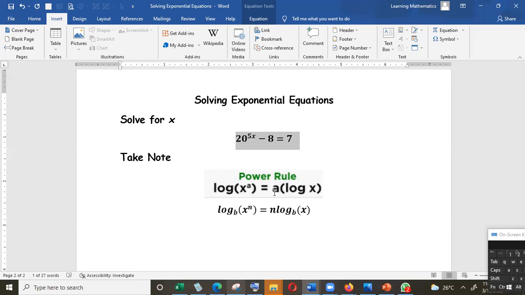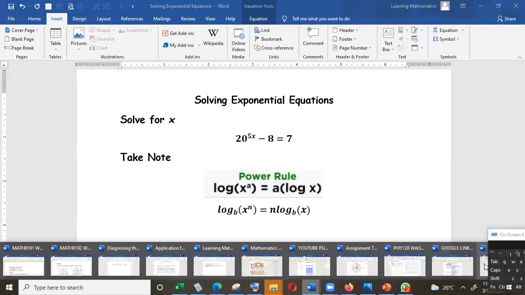Now, in order to apply the power rule, that value must be by itself on one side of the equation. That base alone, raised to the power, must be present on that side of the equation. There must not be anything there with it.